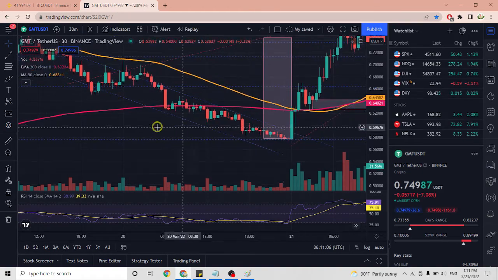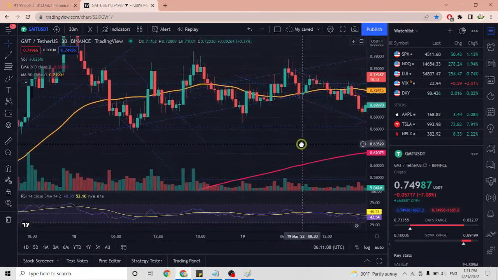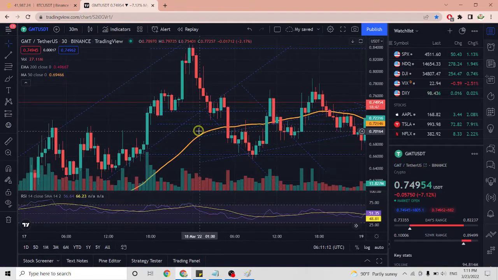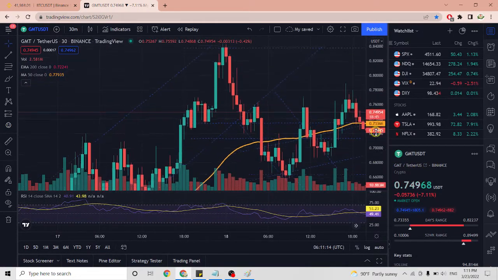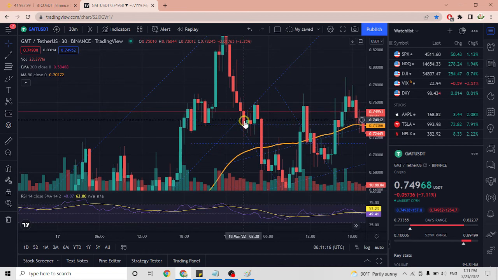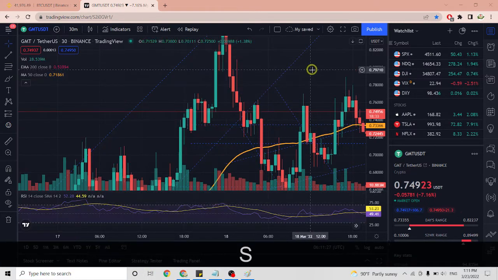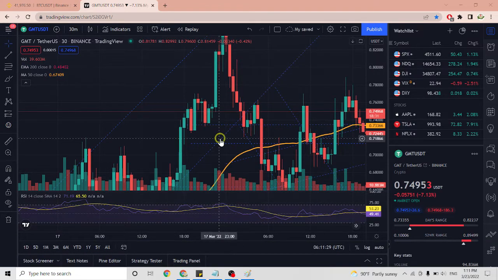Look at another example. Also here, it's a break because it's a real candlestick. We have shadow here.